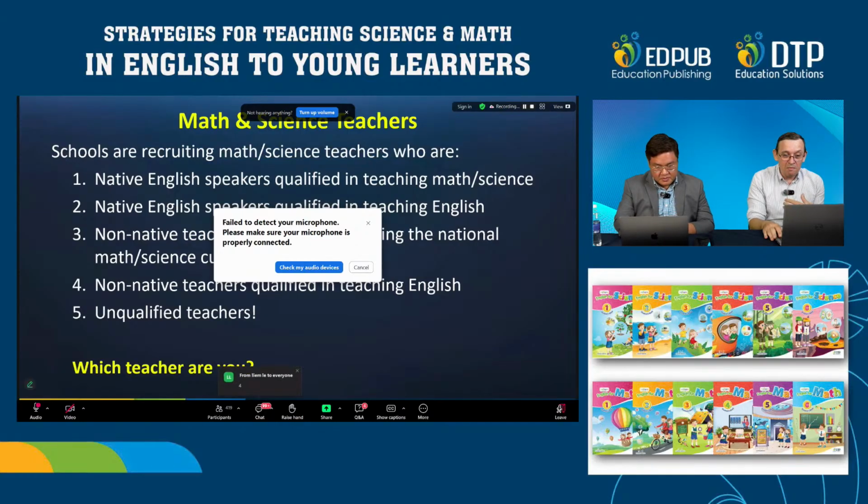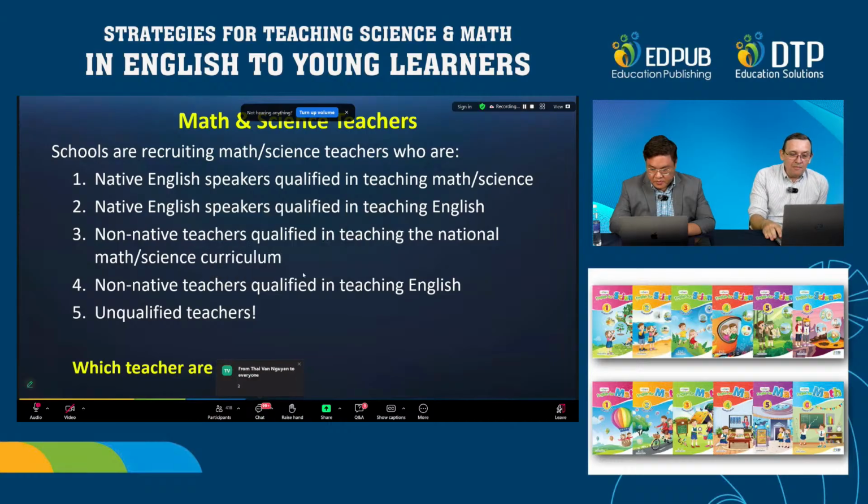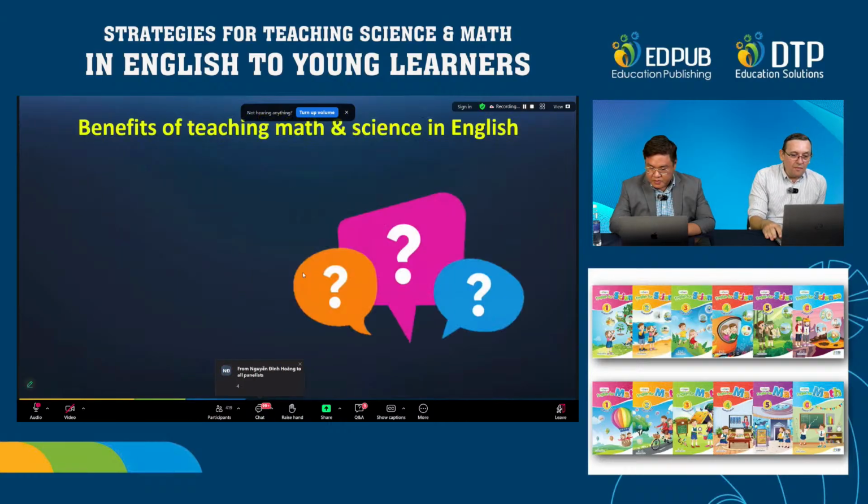Personally, I'm actually number 2. I'm a native English speaker qualified in teaching English. But through my teaching career, I found myself, dating back 15, 16, 17 years ago, teaching math and science. I found out that there are many benefits of teaching math and science in English.